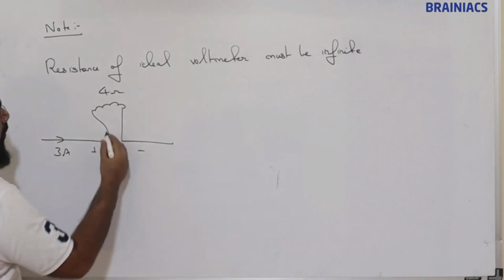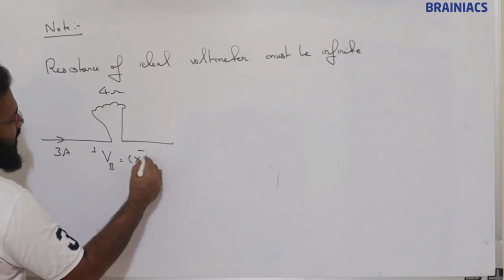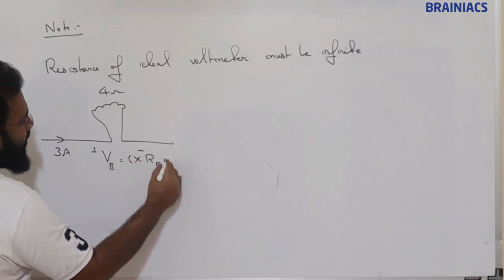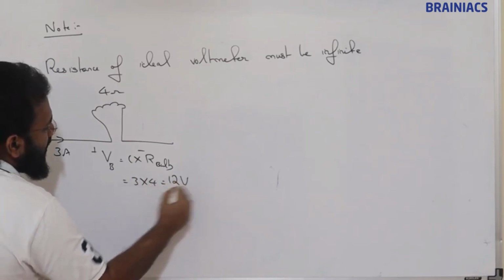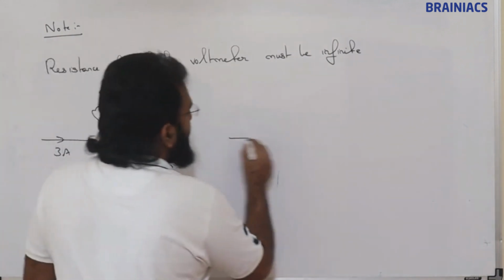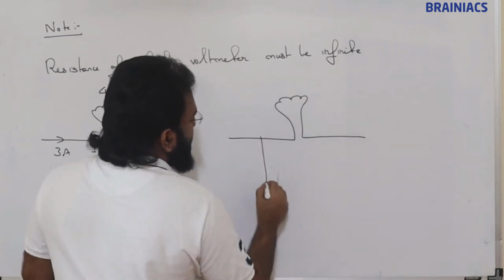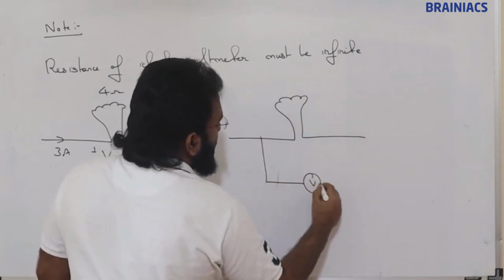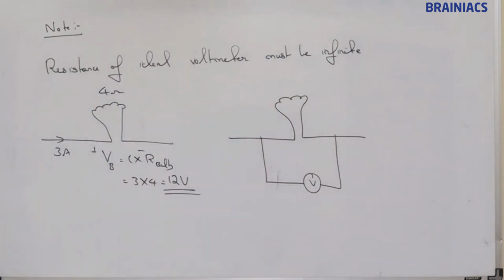Then the voltage drop across this bulb is I into the resistance of the bulb, which is 3 into 4, 12 volt. Suppose across this bulb, in order to measure voltage, we connect a voltmeter.